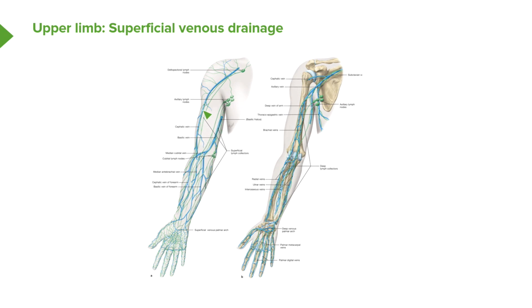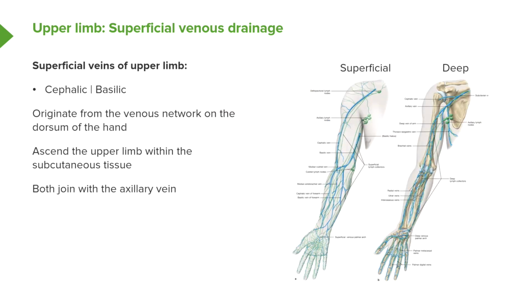We can see we've got the cephalic vein here and we've got the basilic vein. This diagram on the opposite side is indicating more deep veins, and we'll just cover those briefly. So, two important veins are taking venous blood from the upper limb back to the heart, the cephalic and the basilic.